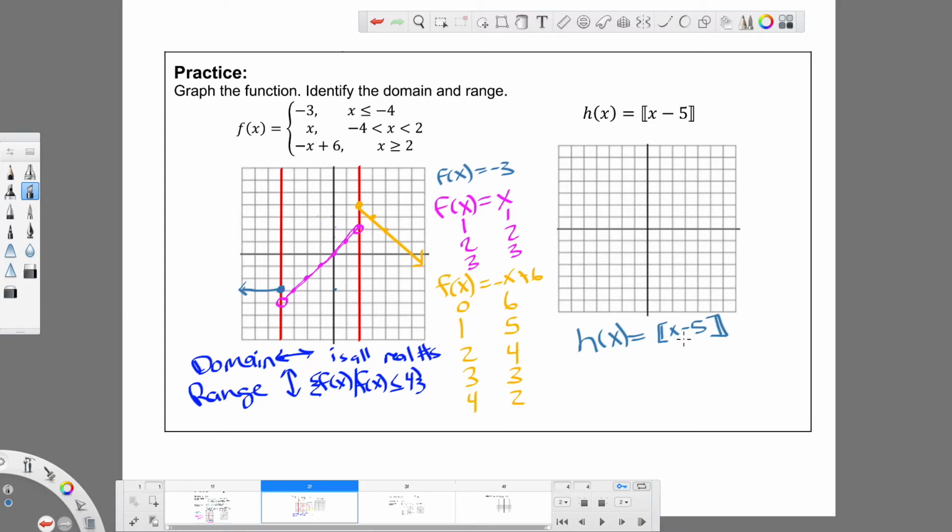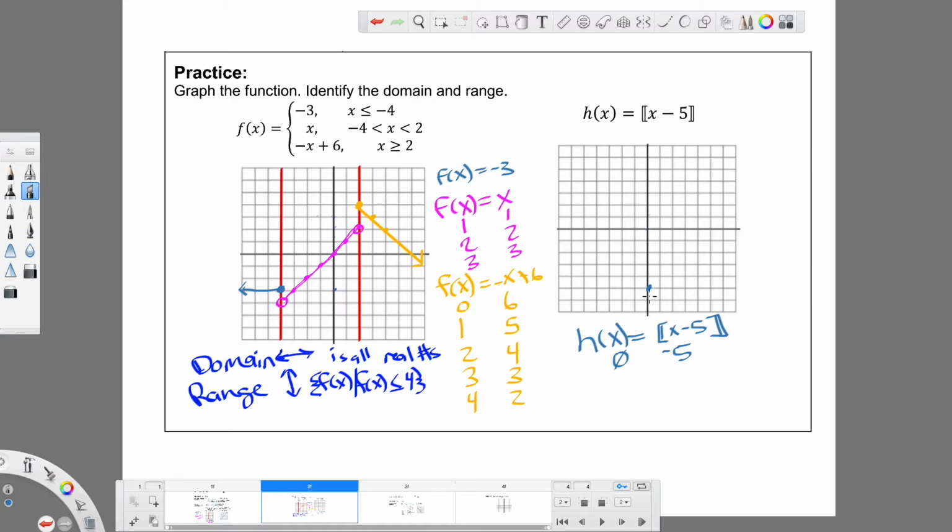So if I plug in 0, 0 minus 5 is... oh, sorry, -5. I was going to say, wait, that's the wrong part of the graph. -5. So 1, 2, 3, 4, 5. So there we go. We're starting down at -5.